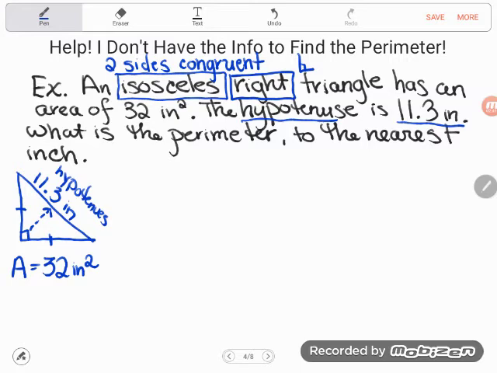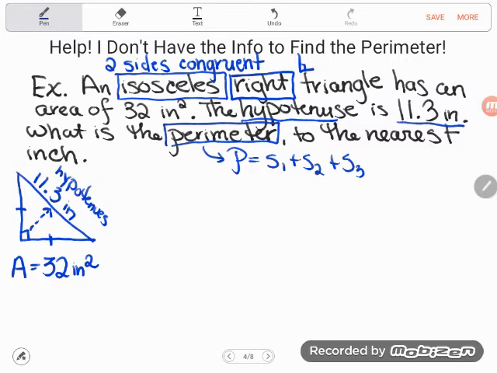Now, it says, what is the perimeter to the nearest inch? Now we have a problem. They want me to find perimeter, which is pretty simple, whether I'm using the formula for the perimeter of a triangle, P equals S1 plus S2 plus S3, or I'm doing perimeter by definition.